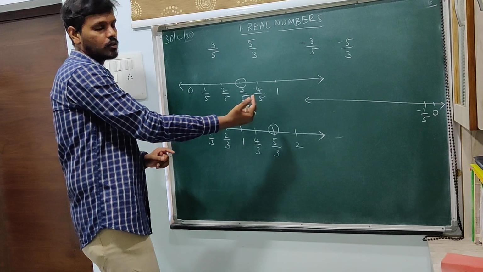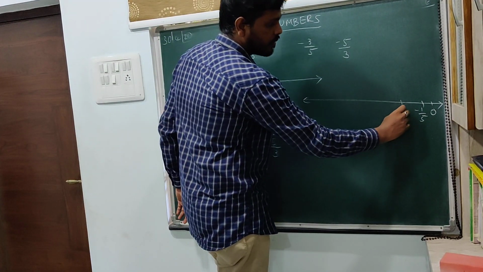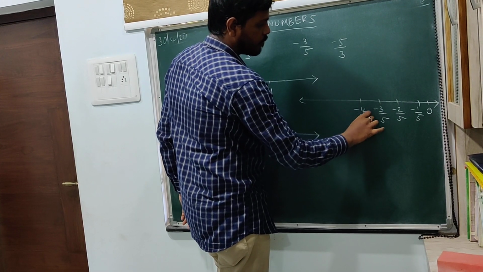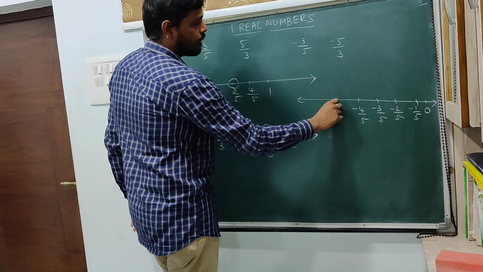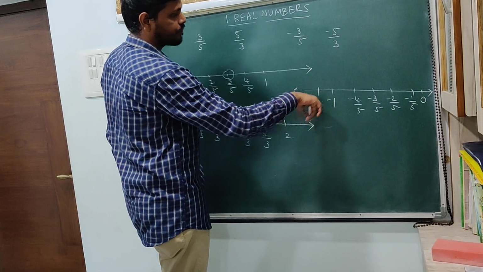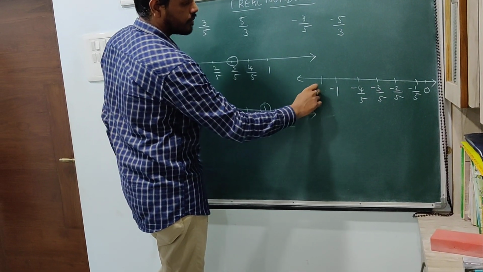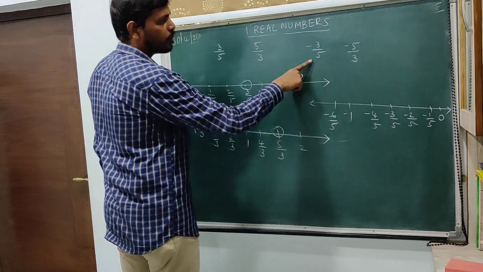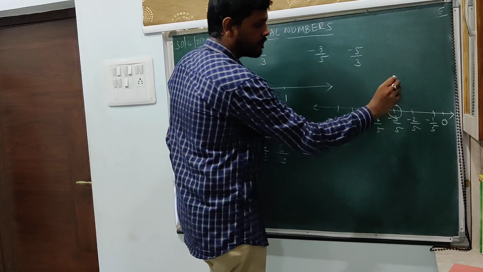Now we move on to the left side of 0. So minus 1 by 5, minus 2 by 5, minus 3 by 5, minus 4 by 5, minus 5 by 5. 5 by 5 is 1, so we add minus 1. Next, we move like that. Minus 5 by 5 is done. Next minus 6 by 5. Now we want minus 3 by 5, so encircle that.